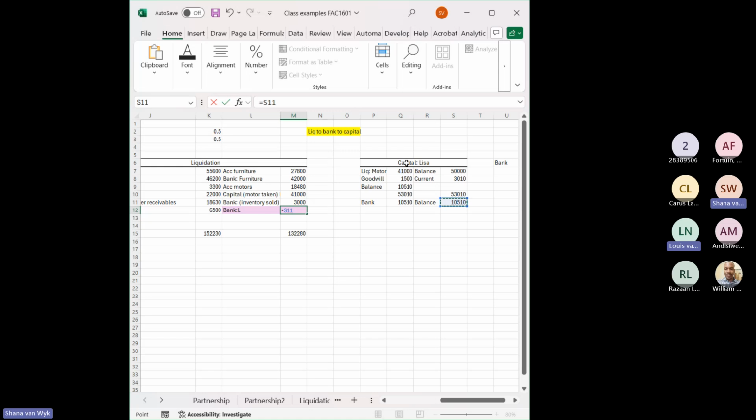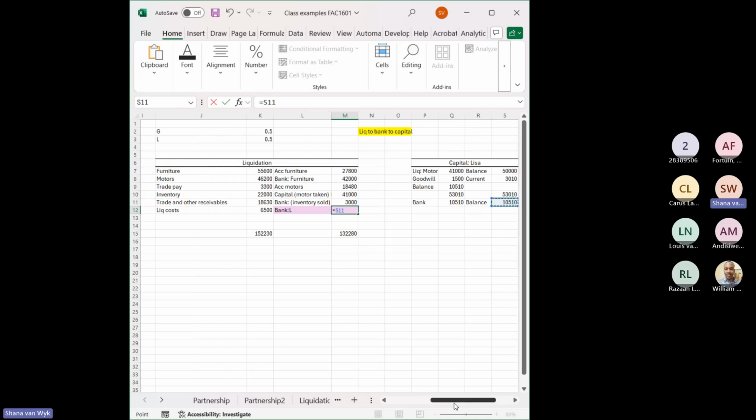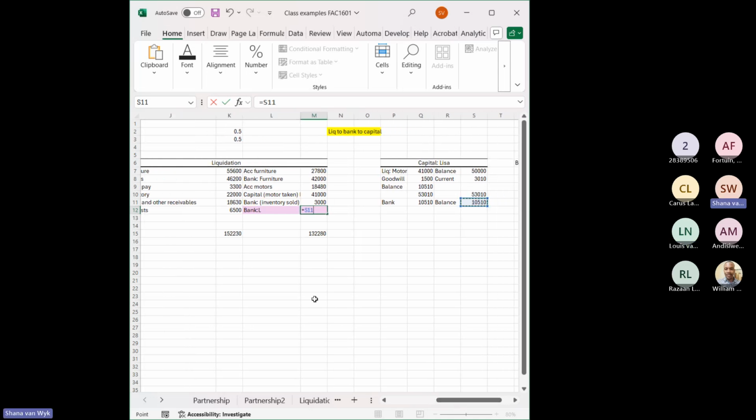No, the difference between the 152 and 132, that is going to be split between the two partners, because they share. Oh, I see. I'm with you now.